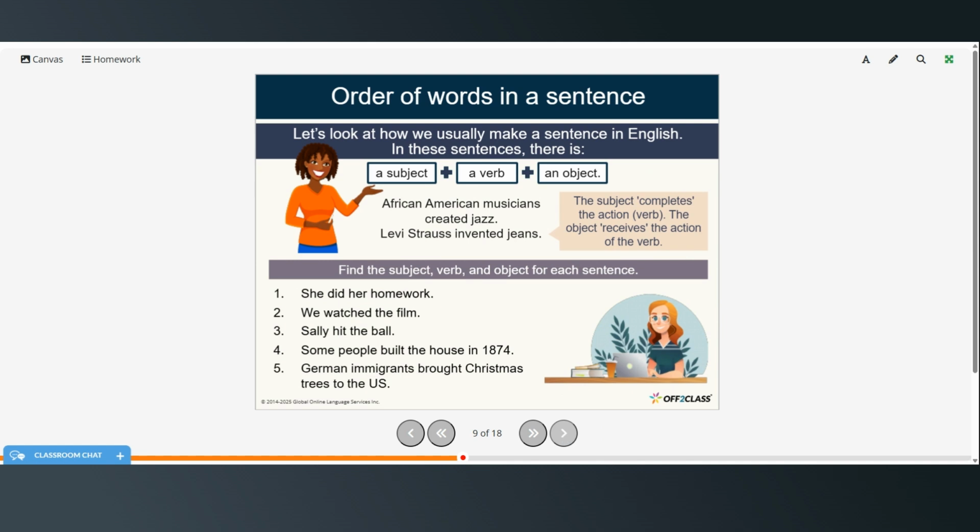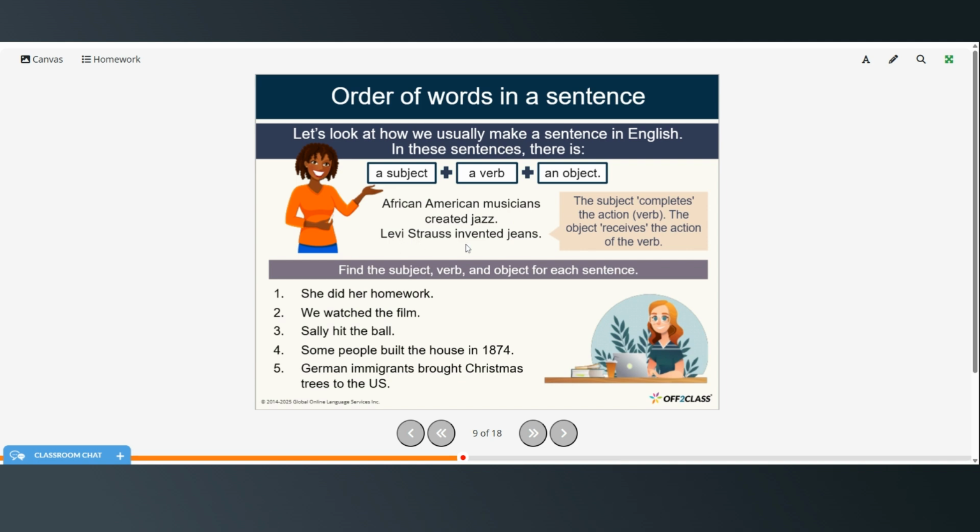So, look at how we usually make a sentence in English. So, we usually put together the word order something like this: a subject, a verb, and an object. The subject completes the action of the verb, and the object receives the action. So, African American musicians created jazz.